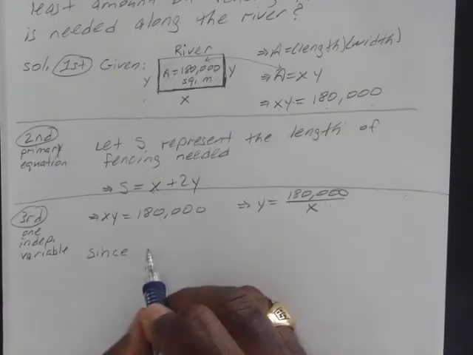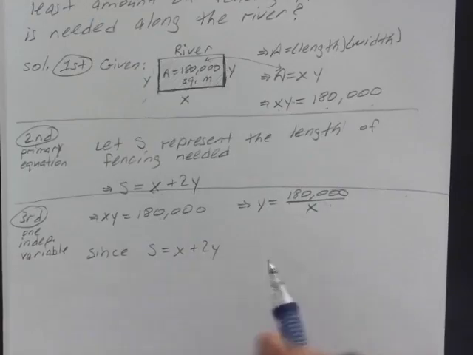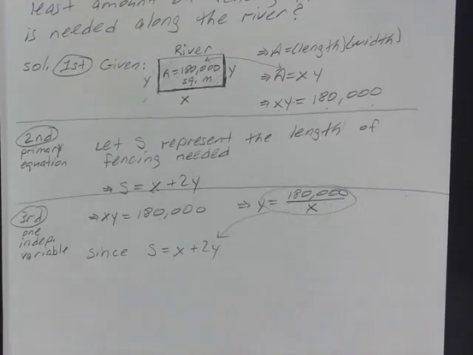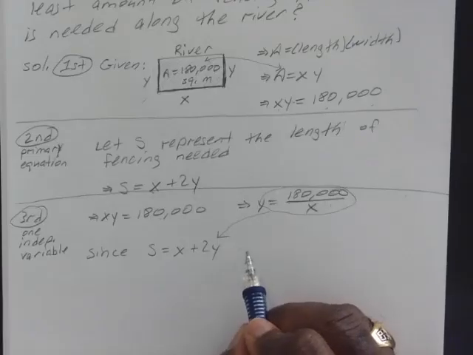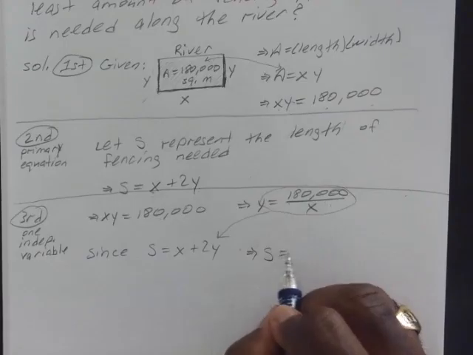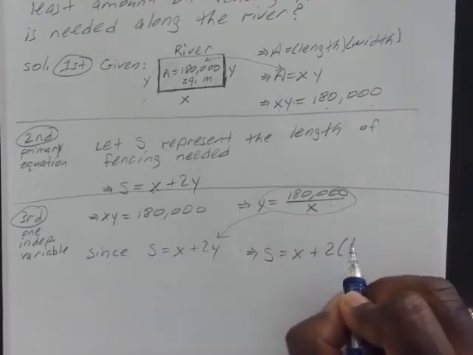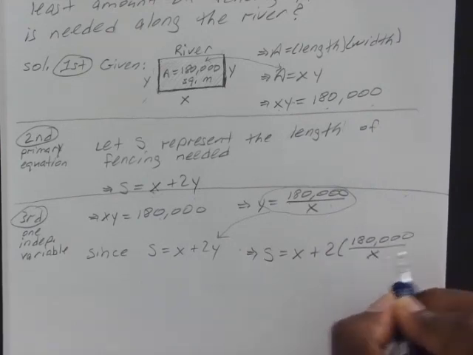Since we know that S is equal to x plus 2y, we can just replace that y. So that gives us S is equal to x plus 2 times 180,000 divided by x.